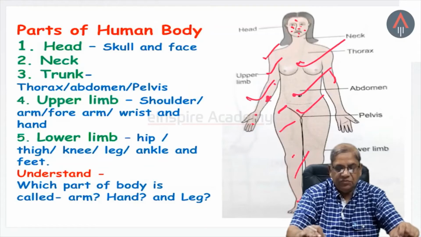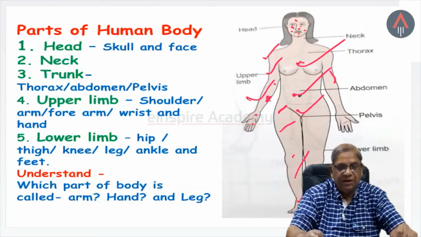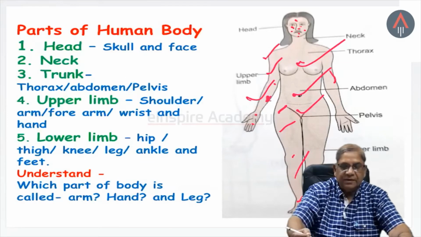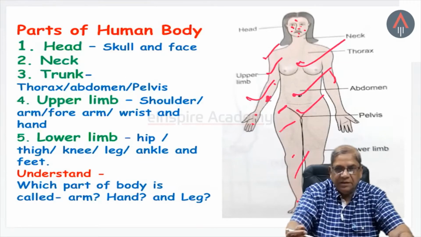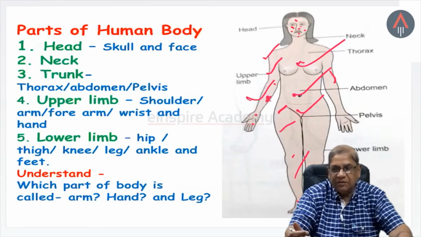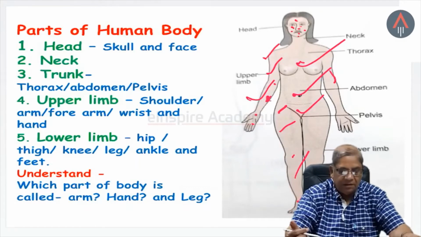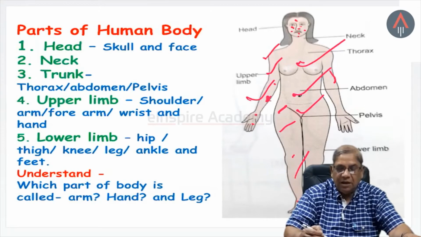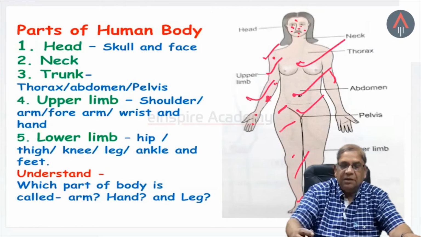What I wanted to tell you at this stage is that there are some terms which are not used by the common people, only medical people will use them. For example, arm: the general public may call the whole upper limb the arm, but in medical terminology, arm is between the shoulder joint and the elbow joint.